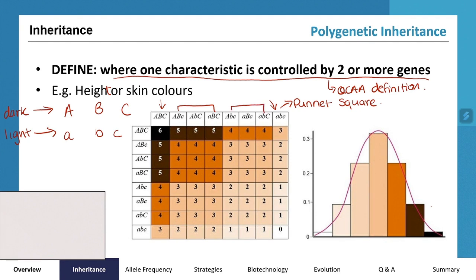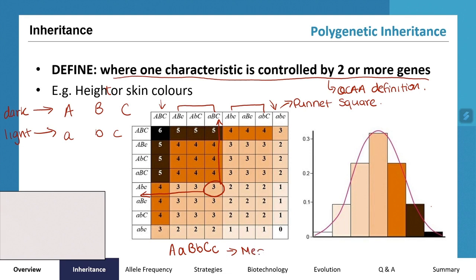And basically, once you do a Punnett square, for example, if I was to get the genotype of this individual, you would need to combine the alleles from one of the parents with the other parent, and you would have capital A, capital B, little c, capital C, little c. So they have equal amounts of recessive and dominant here.